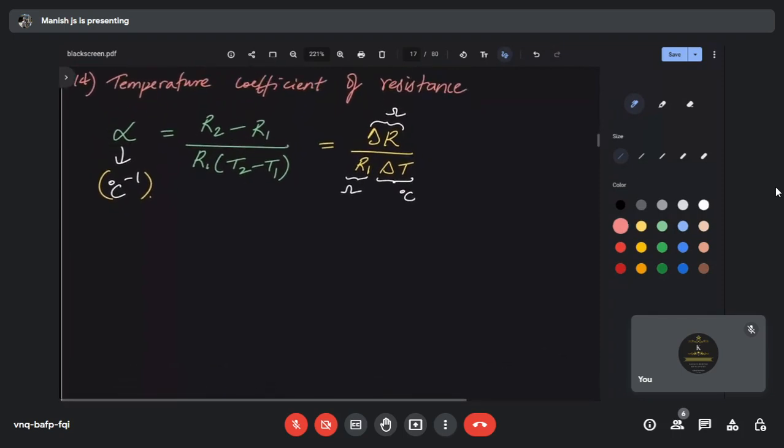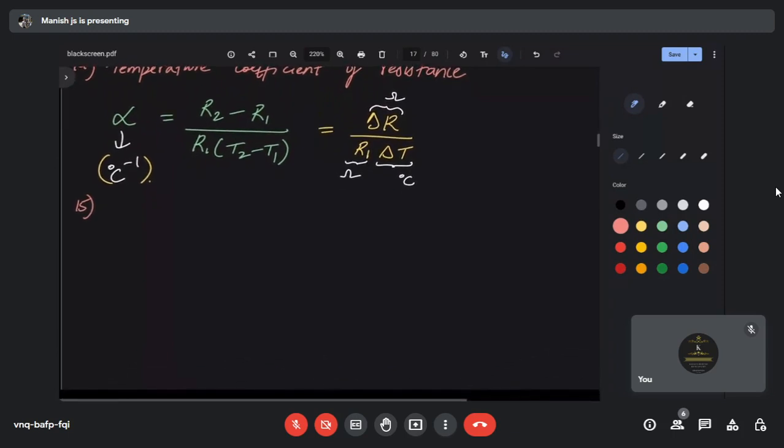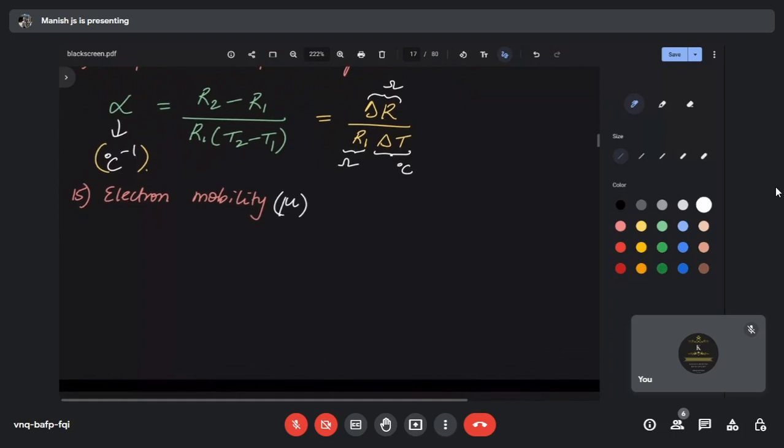Next, electron mobility. It is given by the letter mu. It is basically the drift velocity required in a unit electric field.